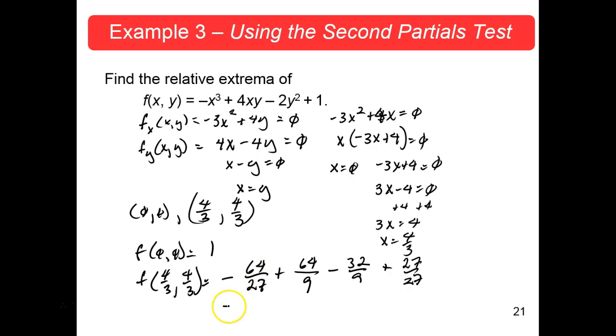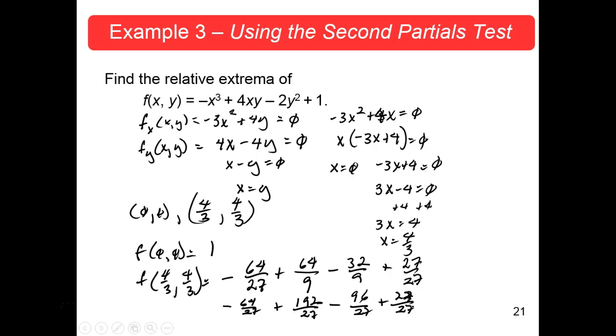So this is minus 64 27ths plus, goodness gracious, do I want to do this? 3 times that would be 192 27ths, minus 96 27ths, plus 27 27ths.